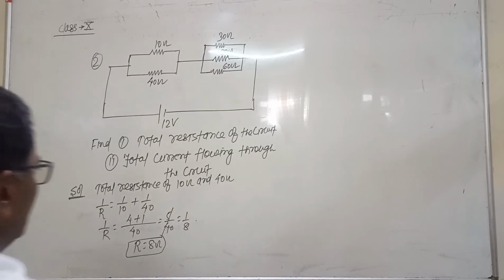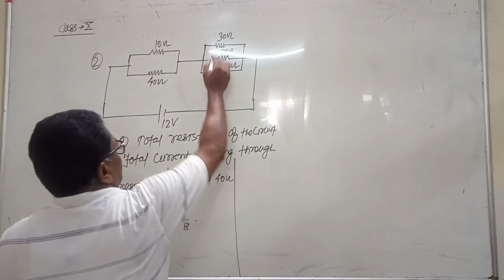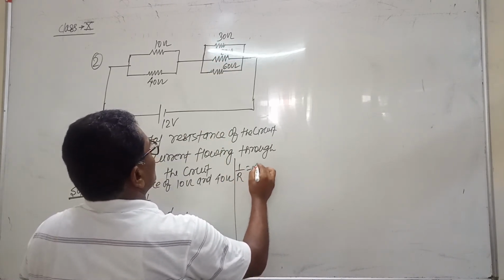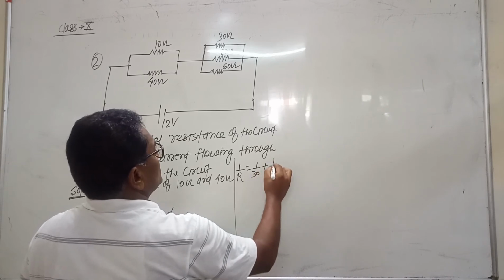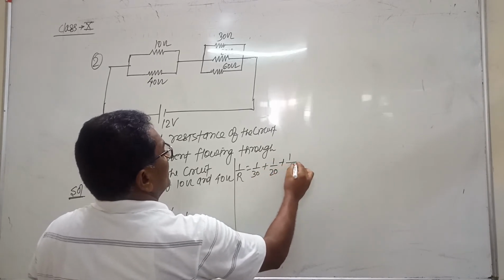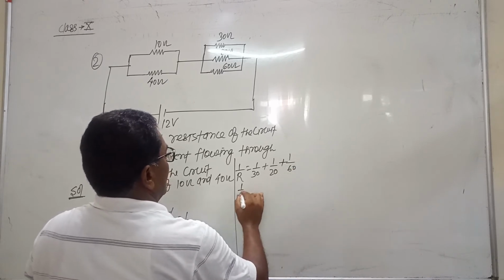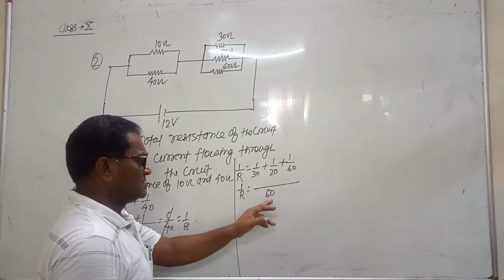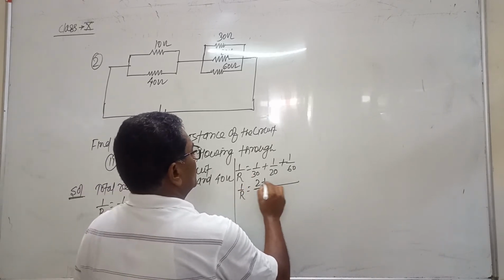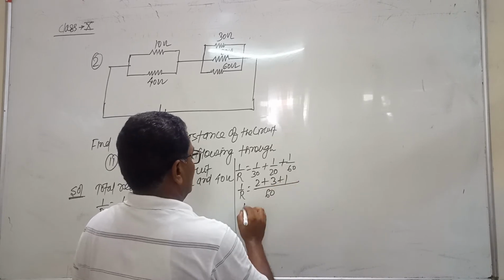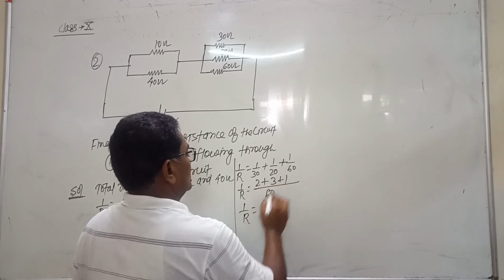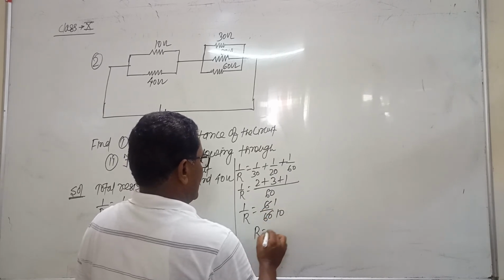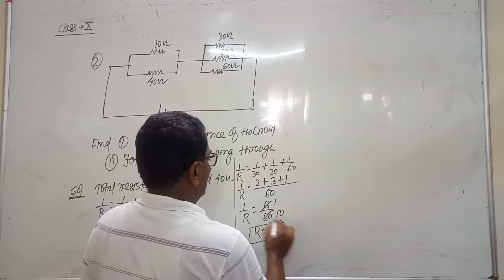Now we will find the total resistance of these three resistances. So 1 by R equals 1 by 30 plus 1 by 20 plus 1 by 60. And its LCM comes to be 60, and 60 divided by 30 gives 2 plus 3 plus 1. So 1 by R equals 6 by 60, which comes to be 1 by 10, and the value of R comes to be 10.